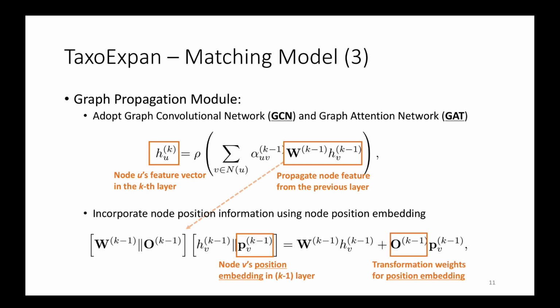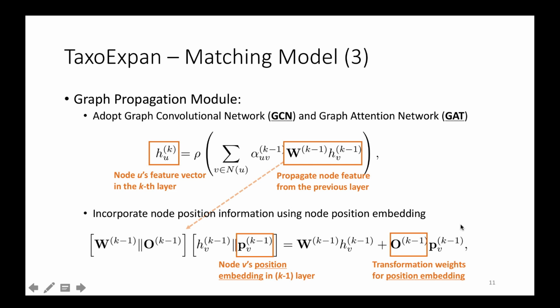So in TaxoExpan, we incorporated the relative node position information using position embeddings. Particularly, for each node in each layer, we concatenate its position embedding P with its original feature vector H, and then multiply the concatenated vector with an enhanced transformation matrix W, which is concatenated with the matrix O. This matrix O is introduced to capture the transformation on the position embeddings.